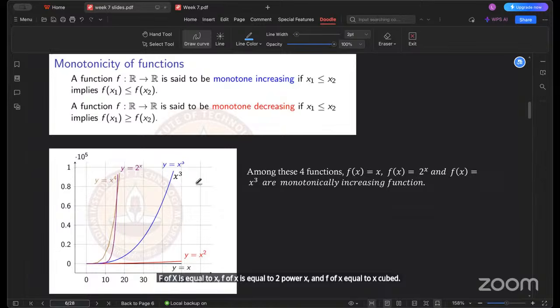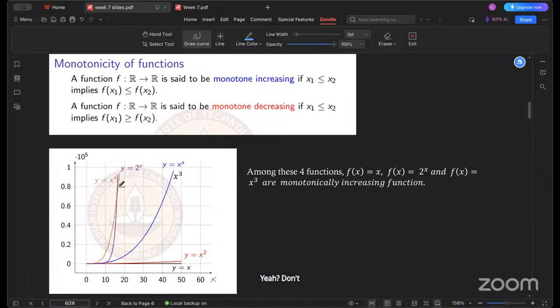These are monotonically increasing. But looking at the graph, y equal to x power 4 also looks monotonically increasing. So where is the issue with y equal to x power 4? Near the x-axis. It looks strictly increasing, very much, I guess.